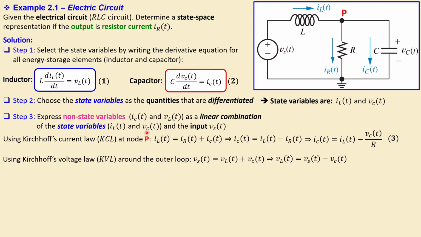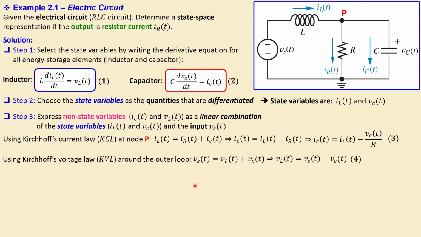Again, we need to select VL as our non-state variable and express it in IL and VC, and also the input. Now we have already something, and we have also the input, so this is already fine. We can say this is equation number 4, because we have the input and one of the state variables, which is VC.